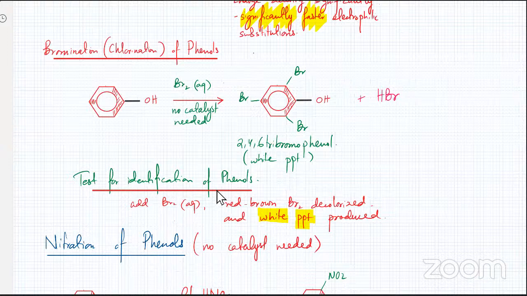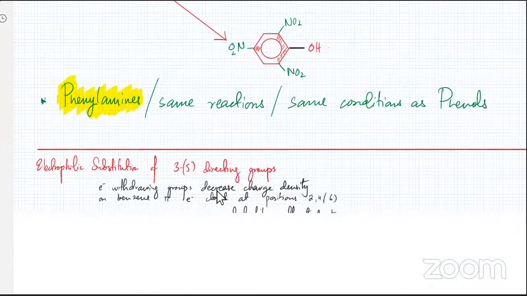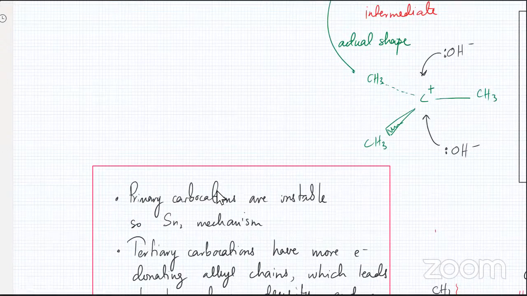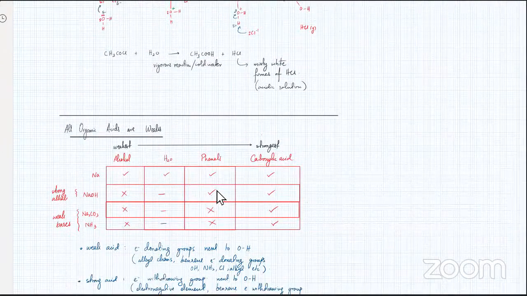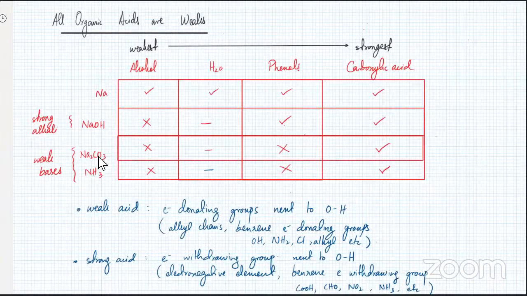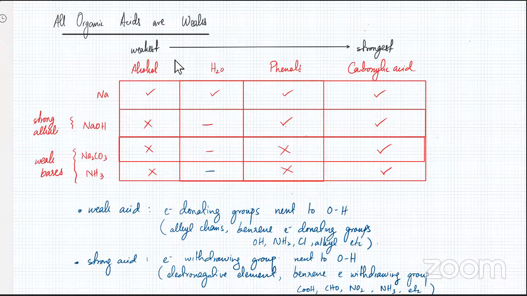Now, let's go back to where we did the comparison of acids. We did this table, where I said that all organic acids are weak acids. Alcohols are really terrible acids. Carboxylic acids are relatively stronger acids.